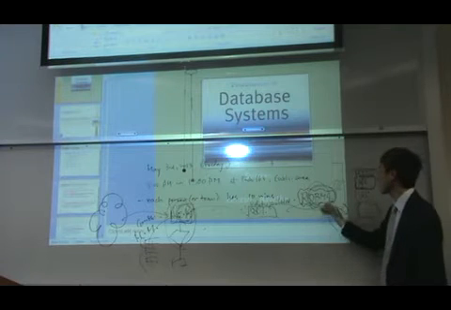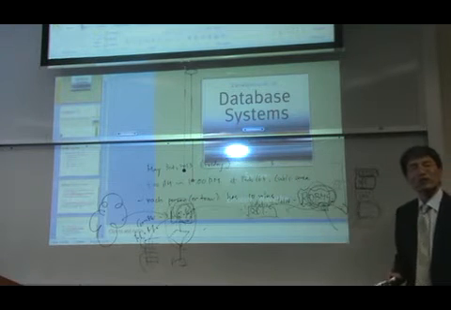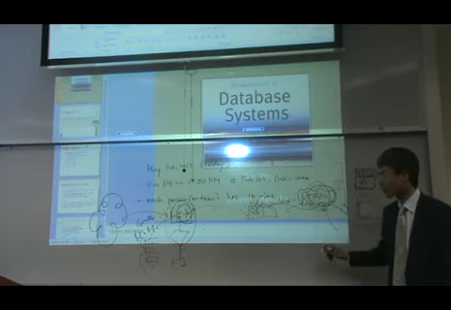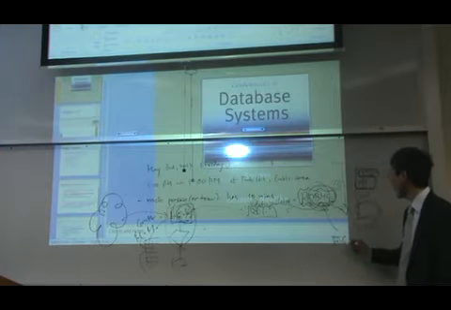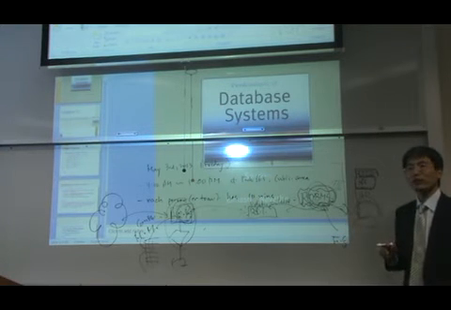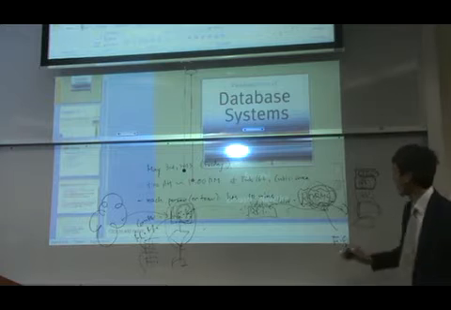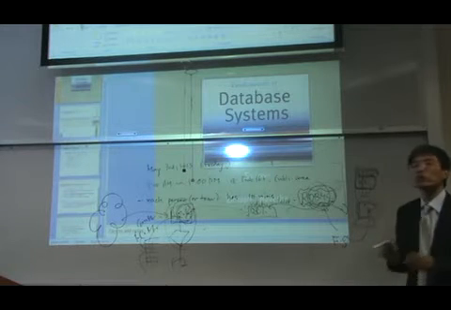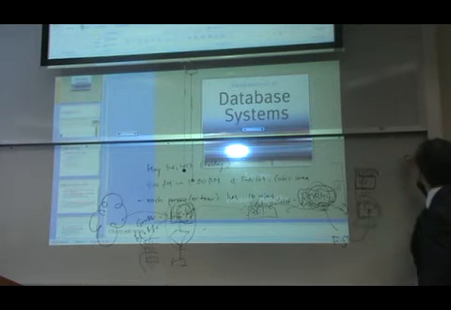So we try to understand what's going on inside the relational database management system. So first we learned about the file structure, right? How the file, in other words, how the table is organized. Can you remember this one?